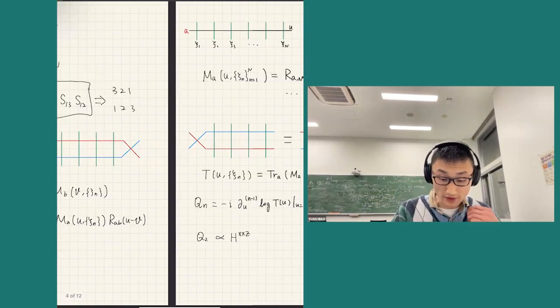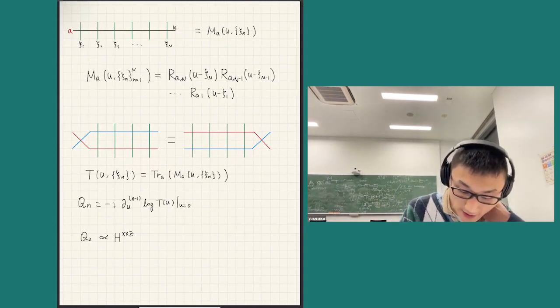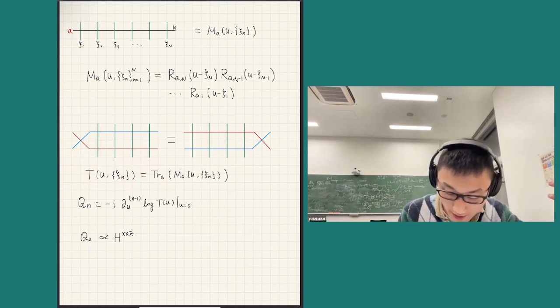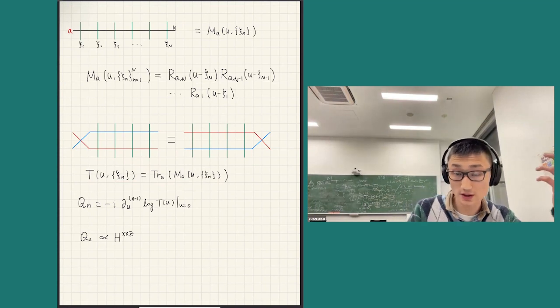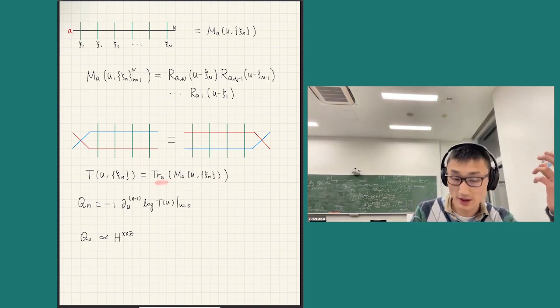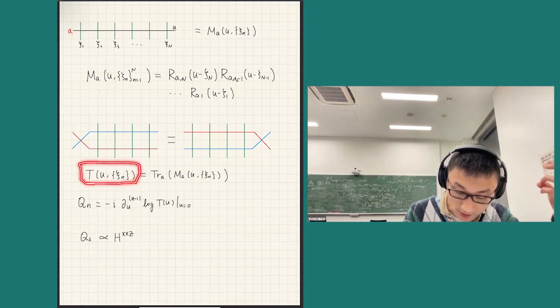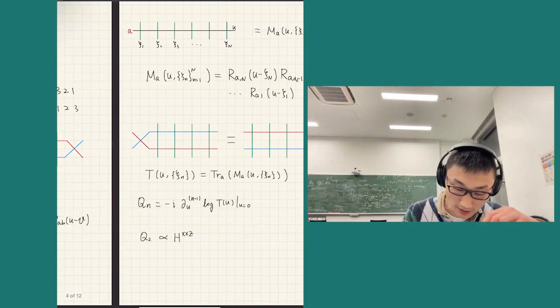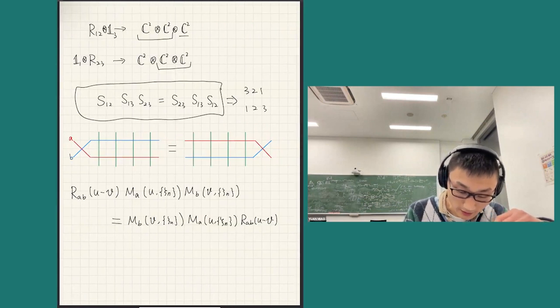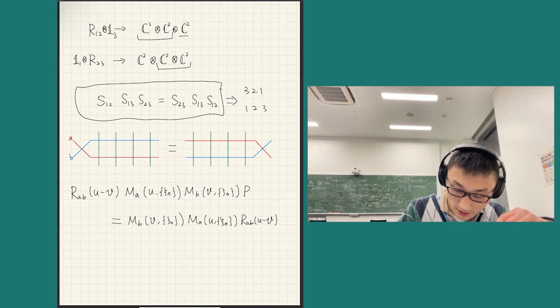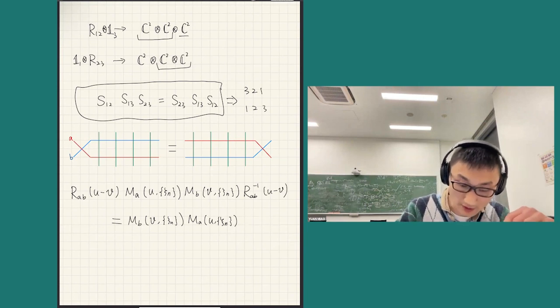And the importance of that is that if I consider another object called the transfer matrix, which is a partial trace over this monodromy matrix, over this auxiliary space, this object, transfer matrices, they commute with each other, simply because if we multiply also by, let's say, the inverse of this R matrix, suppose that it exists, what we have is this relation.